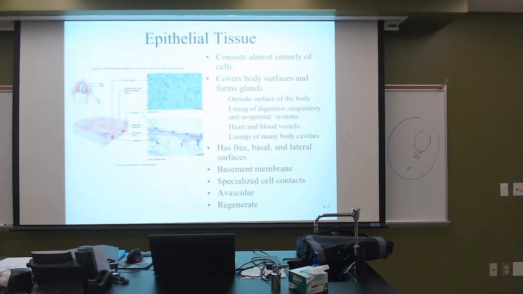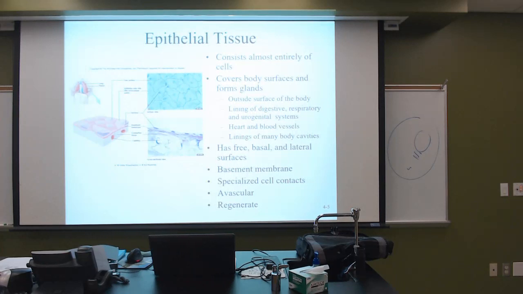What that's telling me, this tissue is lining parts of the body that meet the outside world. Our respiratory system meets the outside world, for example. Digestive system meets the outside world, okay?